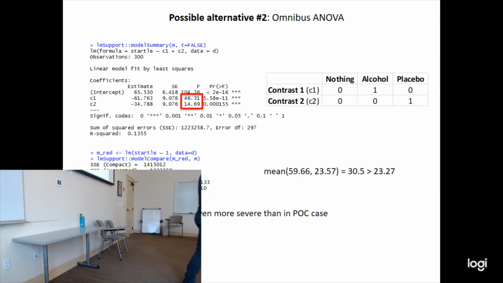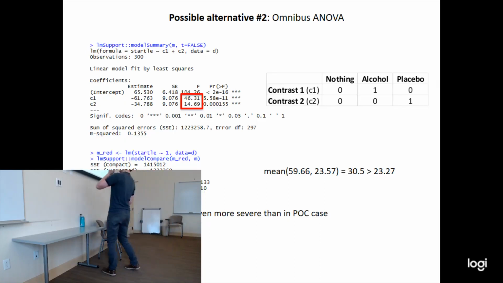But the price that we pay by doing that is that when we're looking at our interpretations, we've spread our hypotheses out across two contrasts. And it's not clear, if one of those is true, does that falsify our theory if both are, or how do we think about the impact of this joint hypothesis on our theory?